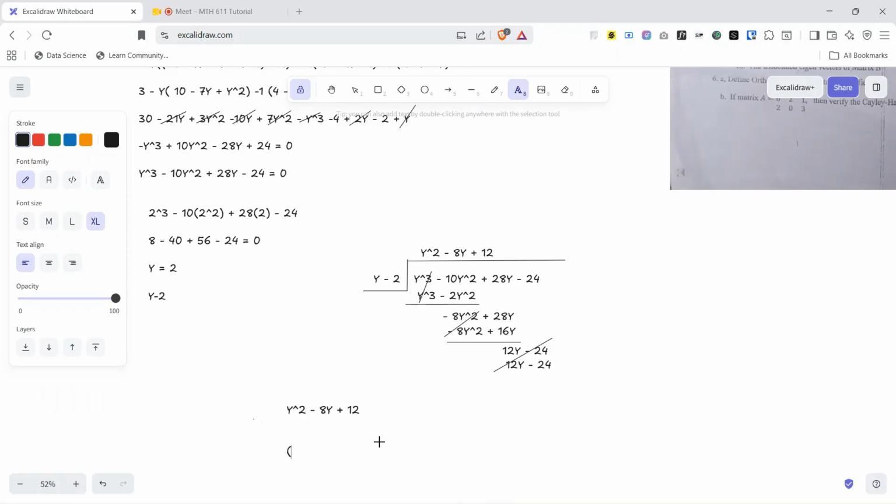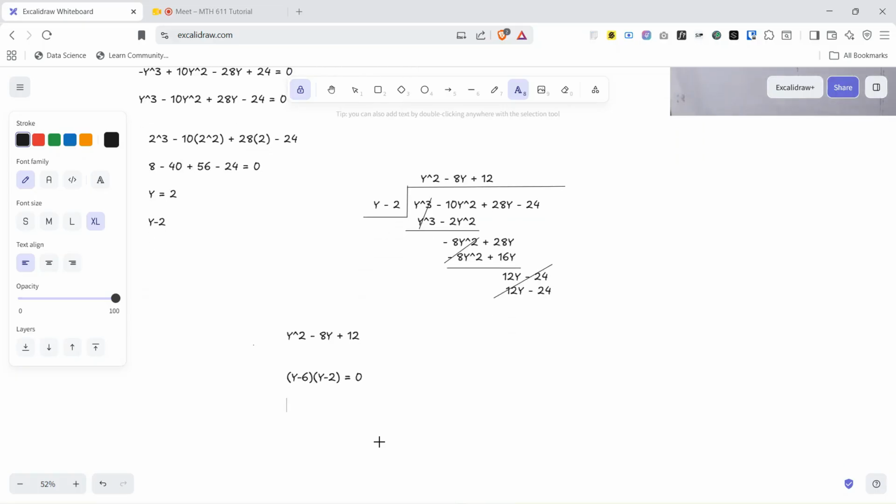That gives lambda minus 6 times lambda minus 2 equals 0. So lambda equals 6 or lambda equals 2.